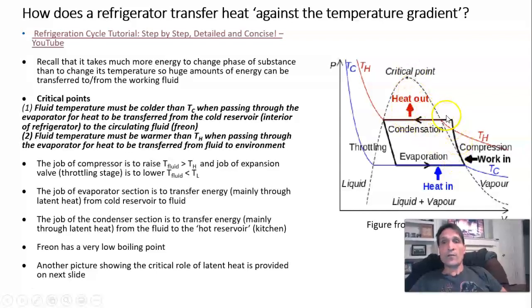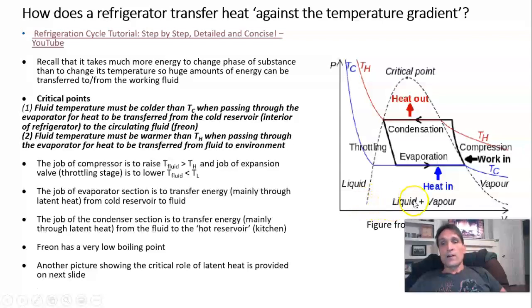The job of the condenser is to condense this vapor back into a liquid, extracting this latent heat out. And then the throttling or expansion valve's job is to expand the fluid, and again lower its temperature to a temperature lower than the inside of the refrigerator, so that heat will be transferred into the fluid.